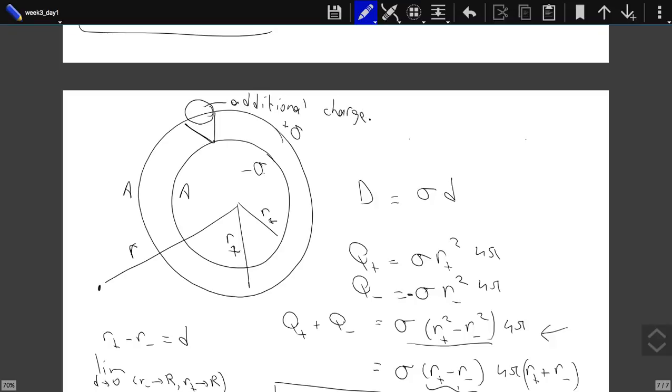So when we calculate the total potential, at least in this problem, we have to consider the potential of the dipole layer plus the potential created by this extra charge. Well, how much is that extra charge? Here this is just a sketch. Don't take it literally. That area is not really localized at a given point.